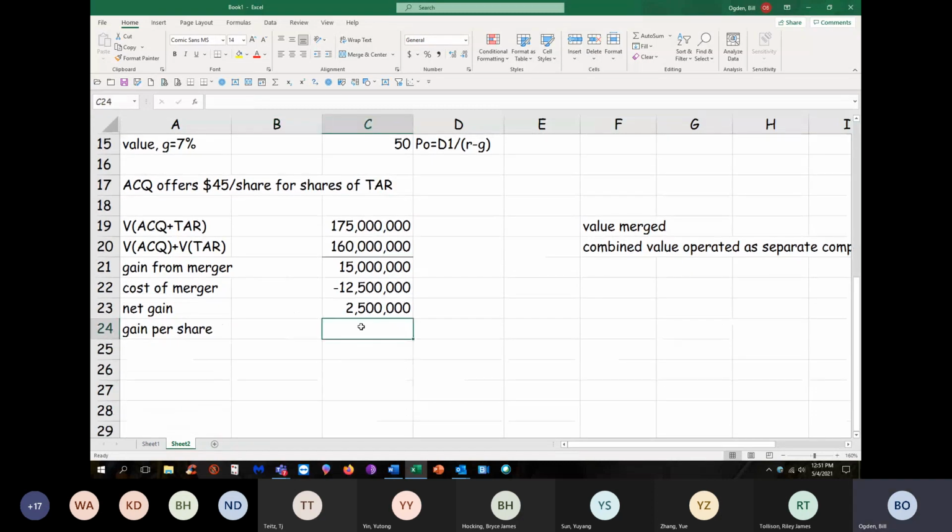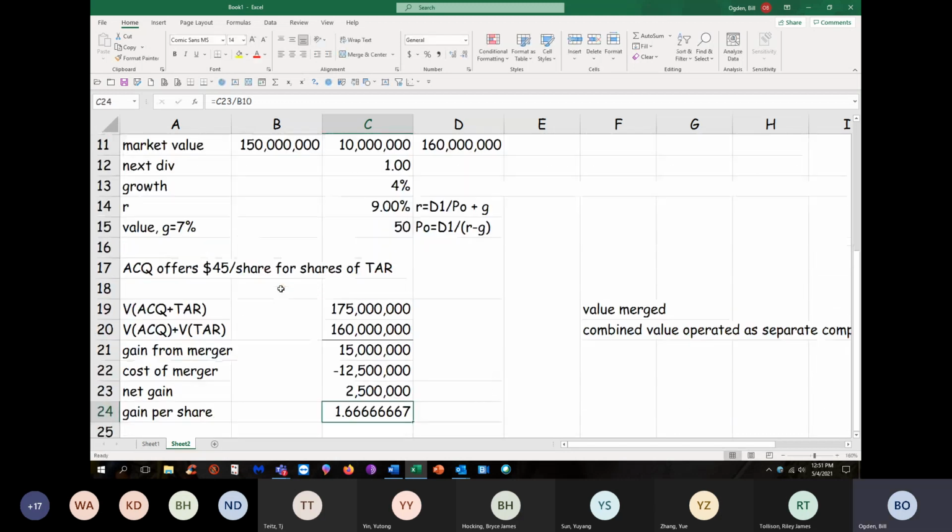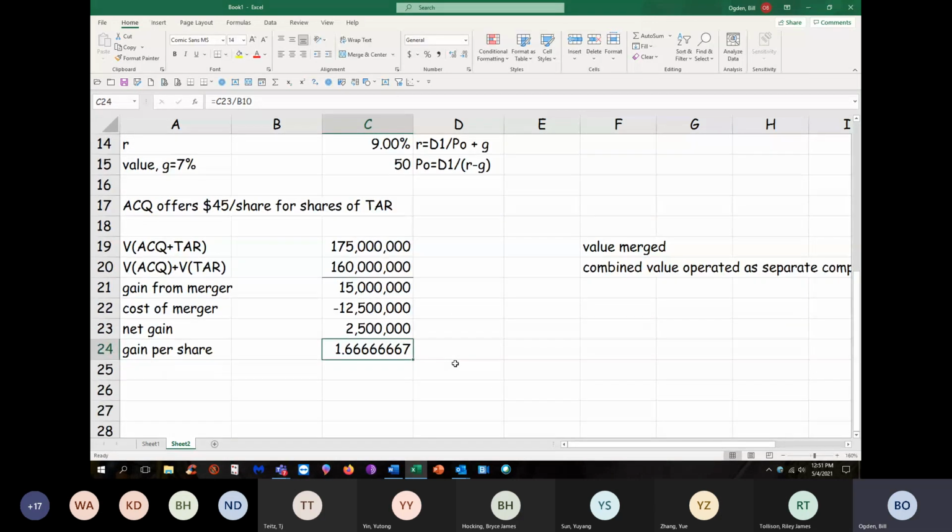Okay, so let's divide that by the number of shares. Okay, so let's make sure we understand what's happened so far. ACQ offers TAR $45 a share for all of their shares. And let's assume the offer is accepted. TAR no longer exists.